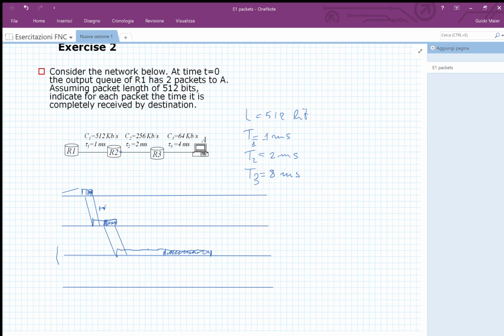Finally, we have the last propagation, which takes 4 milliseconds. So we start from this point, and the first packet arrives at destination in that moment. The second packet arrives at destination in this moment.